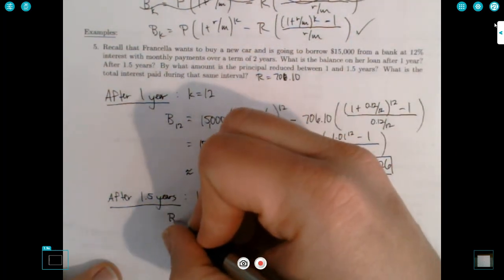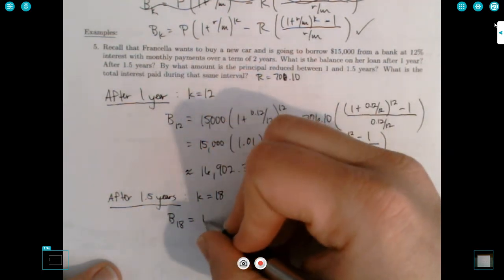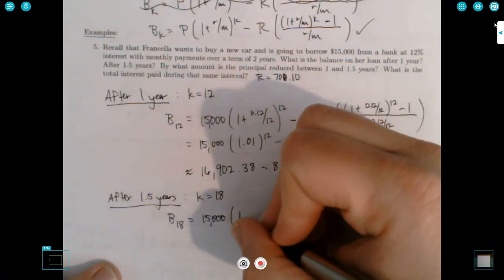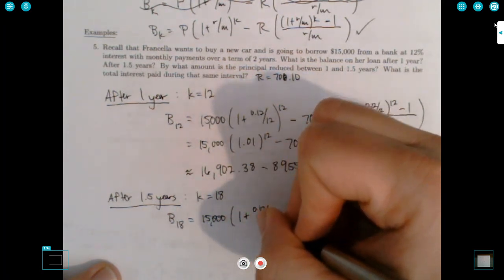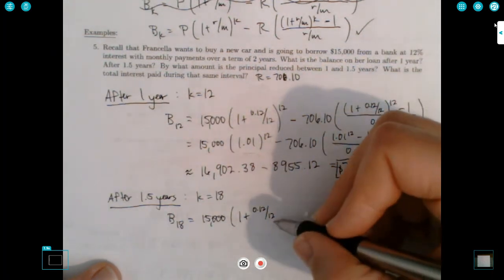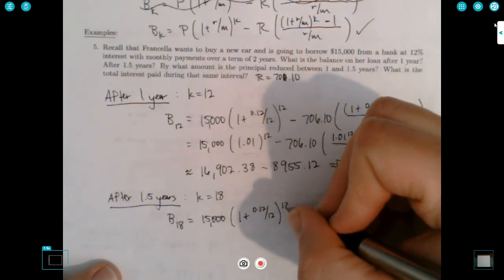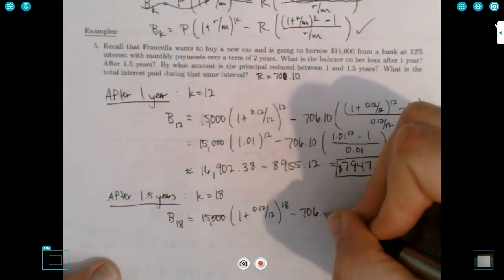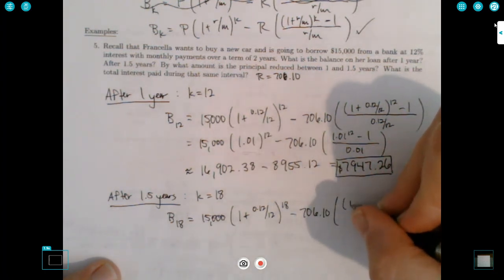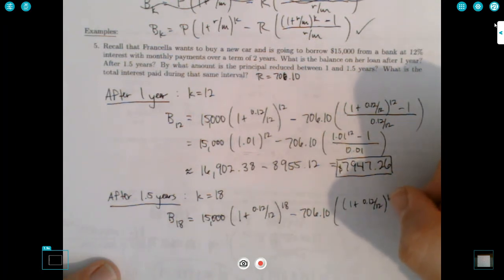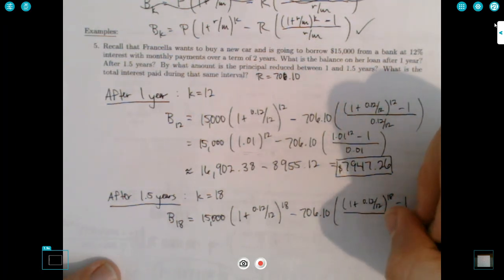So we're going to say B sub 18 is 15,000 times 1 plus 0.12 divided by 12, right? M is still 12. It's the number of times you compound in 1 year. That's still 12. But K is 18, right? So that's 18. Minus 706.10 times 1 plus 0.12 over 12 to the 18 minus 1 over 0.12 divided by 12.